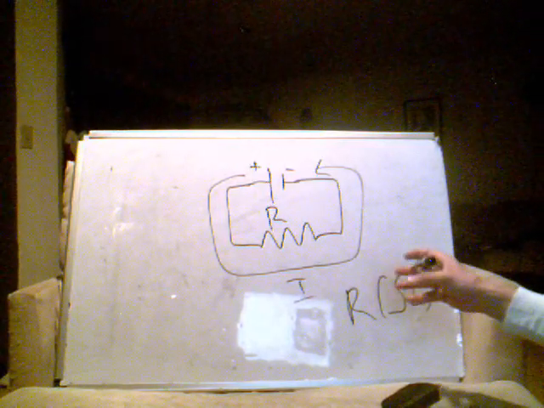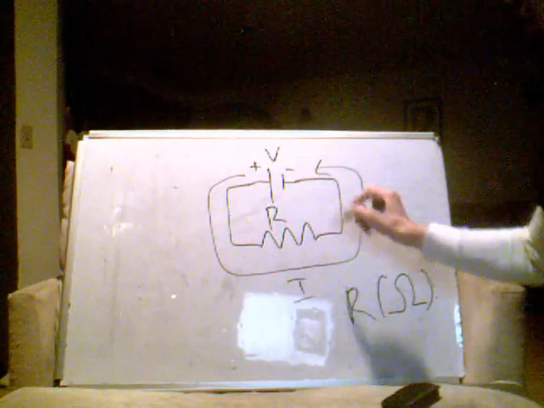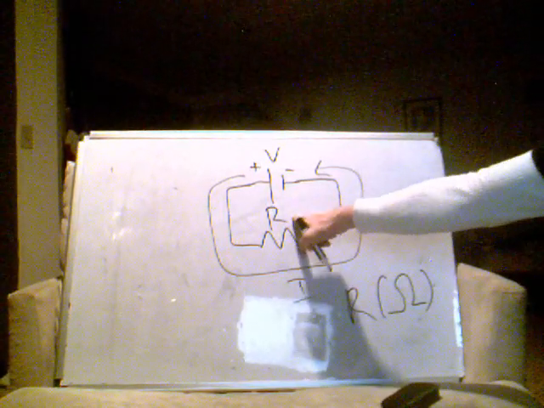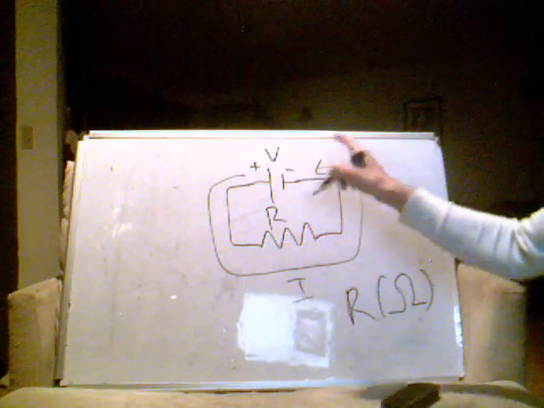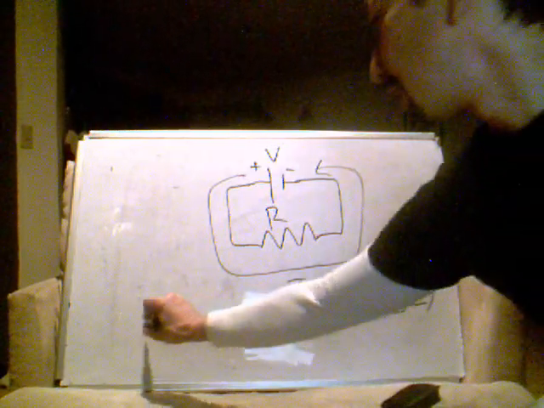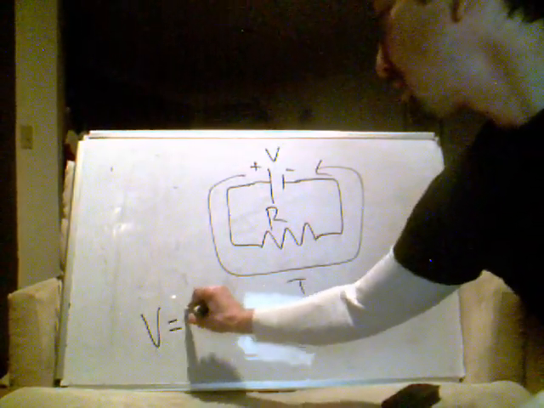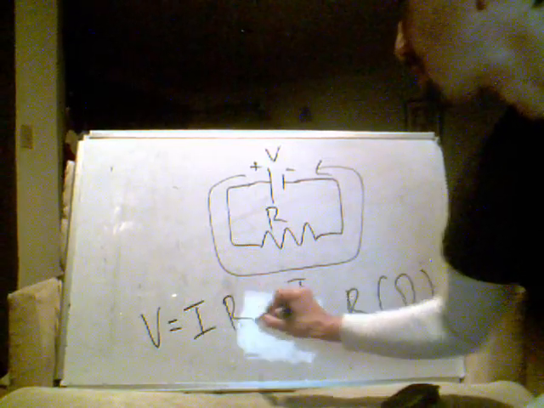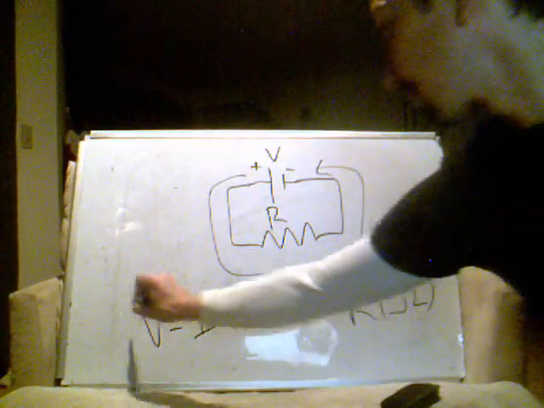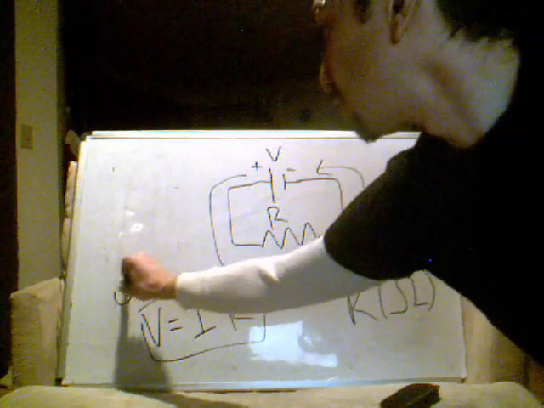Now, there's a simple relationship that governs the relation between a voltage source, a current, and a resistance in a circuit. We call it Ohm's law, and that's voltage is equal to current times resistance. That's Ohm's law.